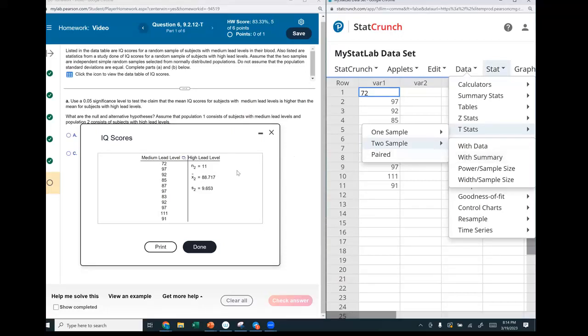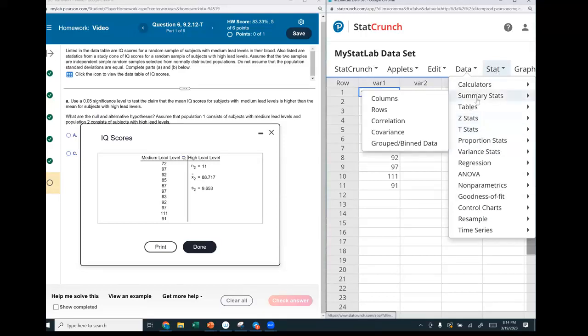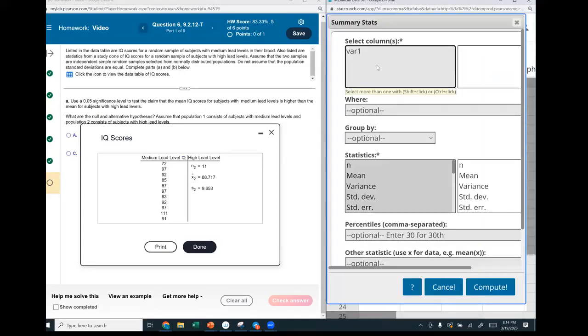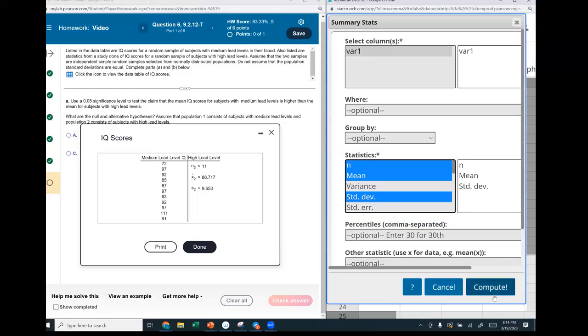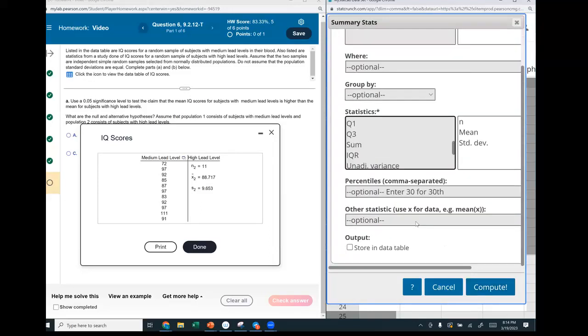What do we do? Well, the best thing to do is go to summary stats, column, and we want bar 1. And what do we need? We need n. We need the mean, and we need the standard deviation. And also, I can come here and I can store the output.